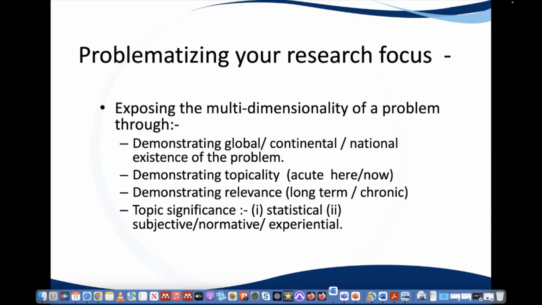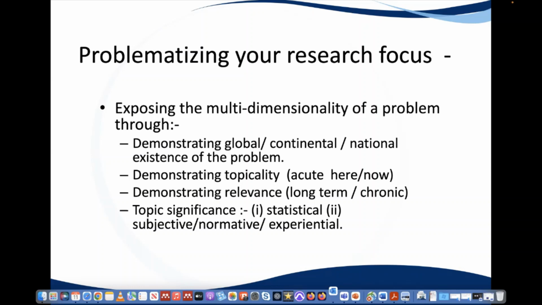But the nature of that event is that even if it happens once in 10 years, people are so traumatized as humanity about it. The subjective, the normative, the experiential insight into it is so disturbing that it deserves to be studied, even though it does not have all the other dimensionality expectations that you have. We are studying it more because of the high impact, the high trauma quotient associated with it.